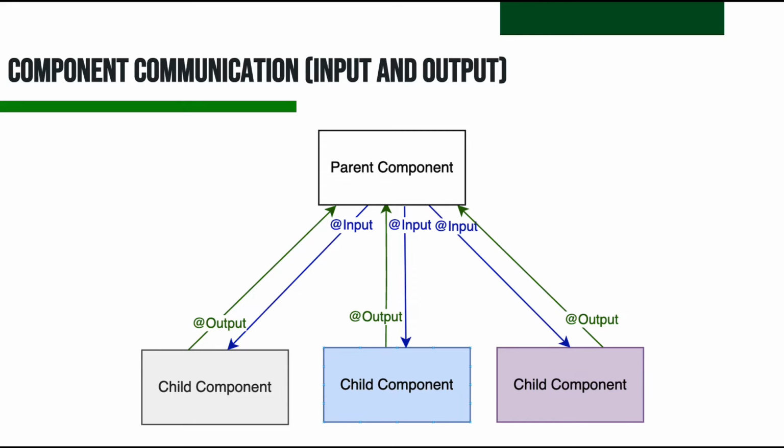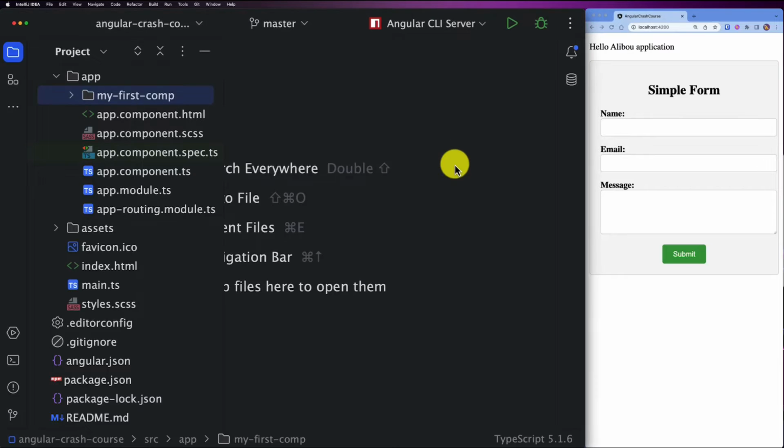The child component can emit events using the output property, and the parent component can listen to those events and respond accordingly. By leveraging input and output properties, you can establish effective communication and data exchange between components within your Angular application.